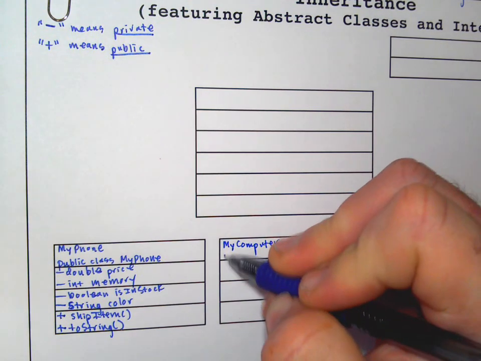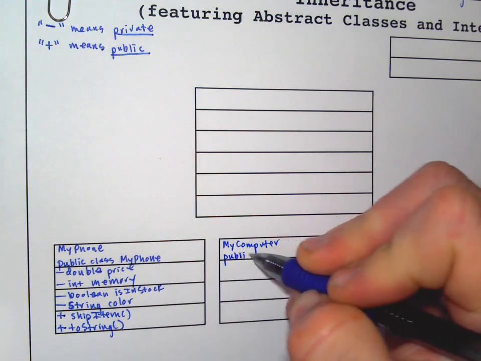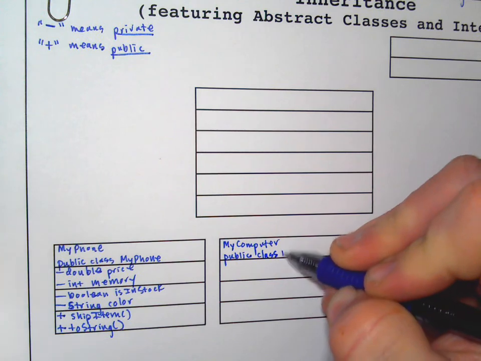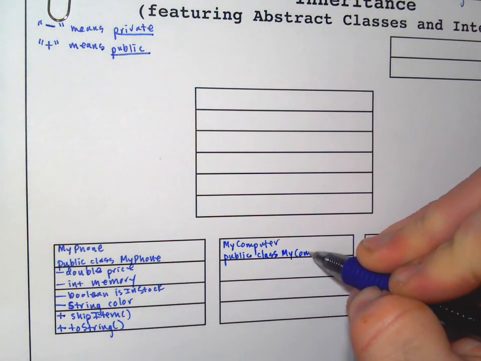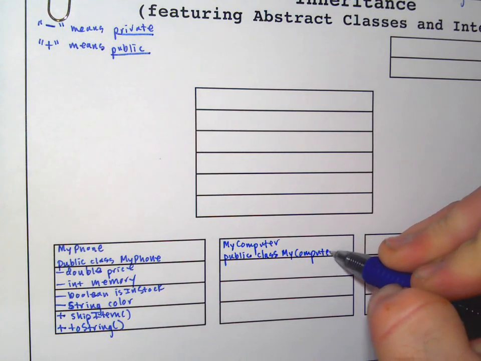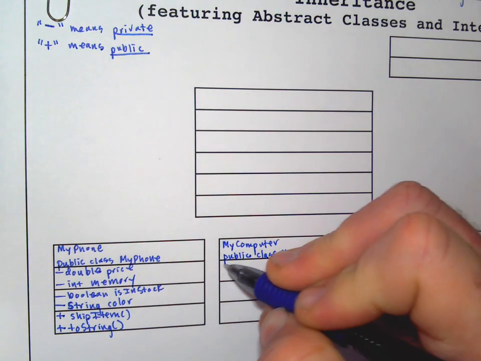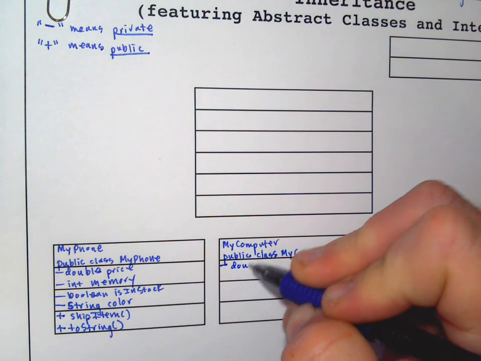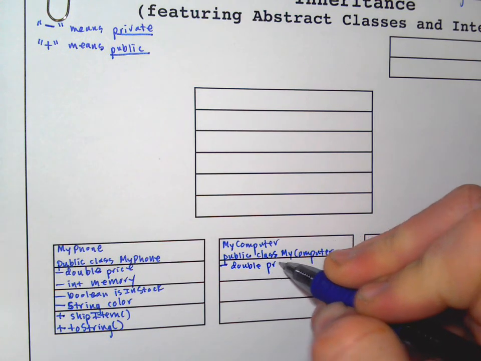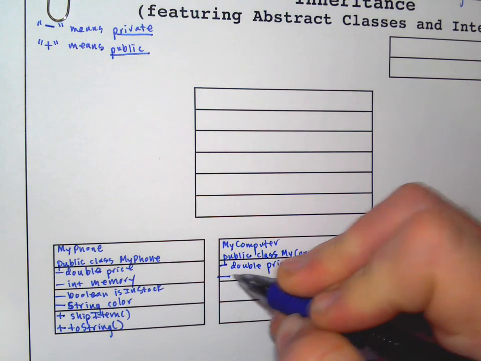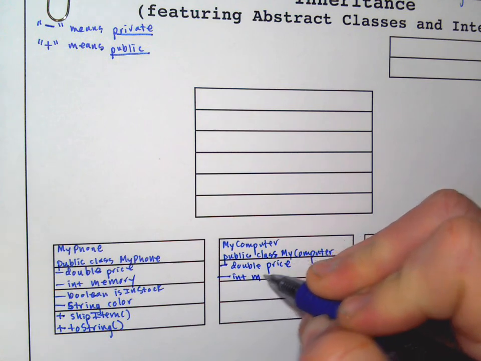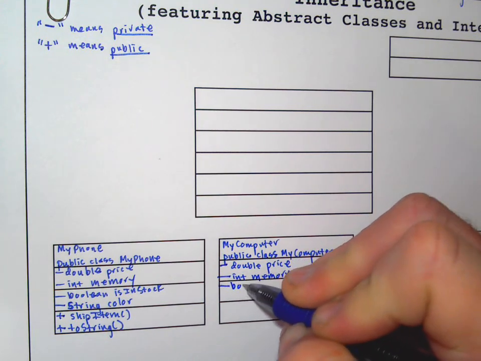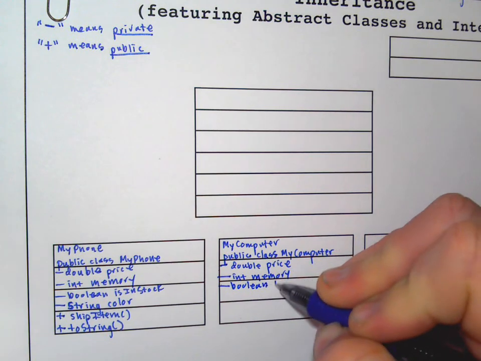So the MyComputer will have a constructor or a couple constructors that start with public class MyComputer. So I'm putting a little bit of information in here. And then it's going to have private instance variables, private double price, and int memory, and Boolean isInStock.